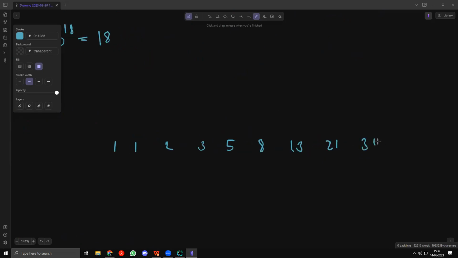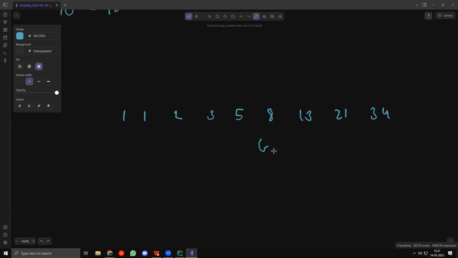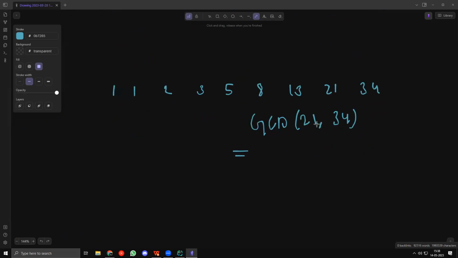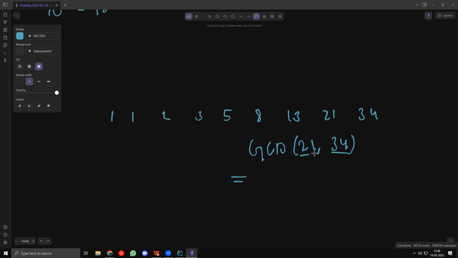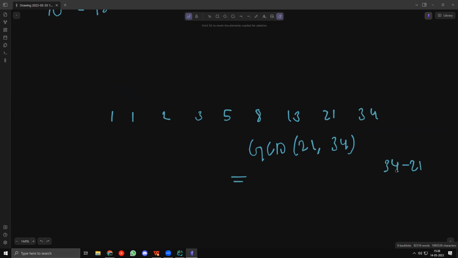Now I'll take this Fibonacci sequence and insert it into the GCD, right? So let's say I take the GCD of 21, 34. What will happen is that the next number will be 34 modulo 21, which is clearly equal to 34 minus 21, since they are very close together and the modulo is only going to divide once. And we know that 34 minus 21 is equal to 13, so it's the previous number.